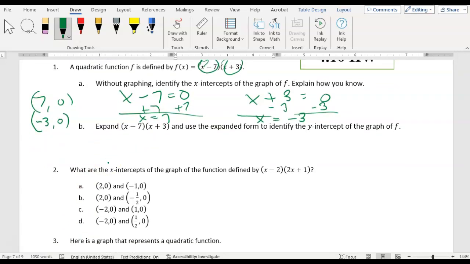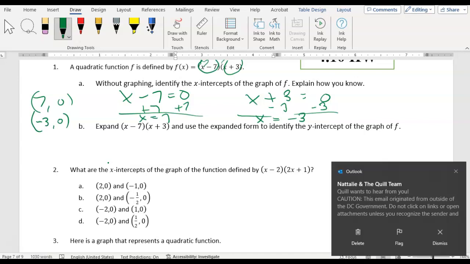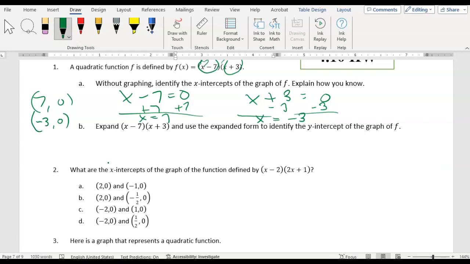Now it says expand and use the expanded form to identify the y-intercept of the graph of f. So let's go ahead and make this our standard form by using FOIL or the box method, whatever you are most comfortable with. So you can go ahead and go x squared minus 7x plus 3x minus 21 gives us x squared minus 4x minus 21.